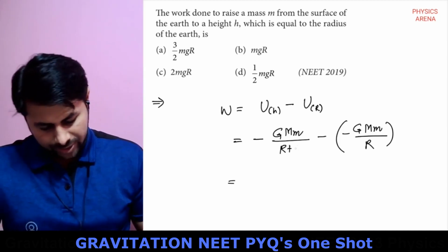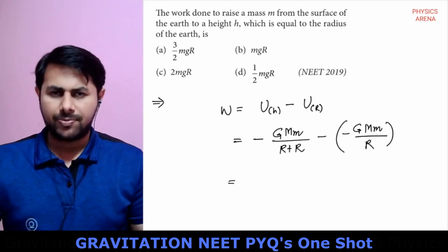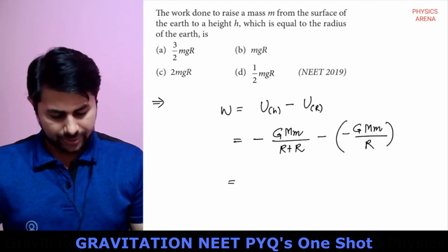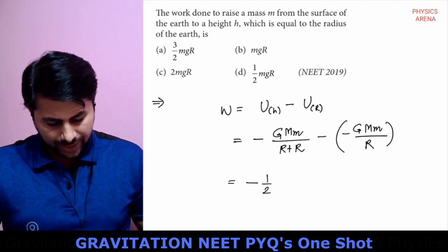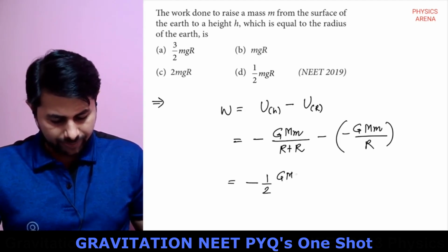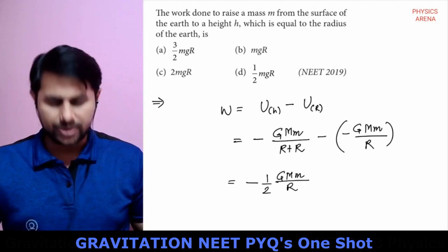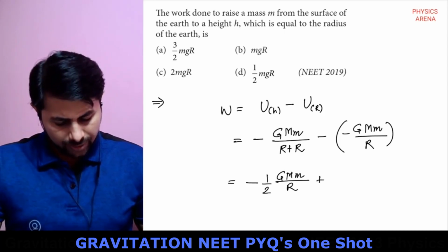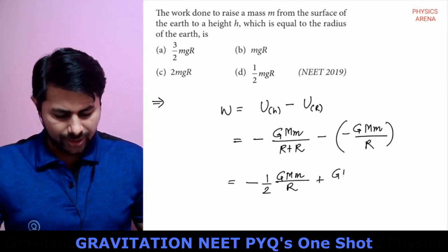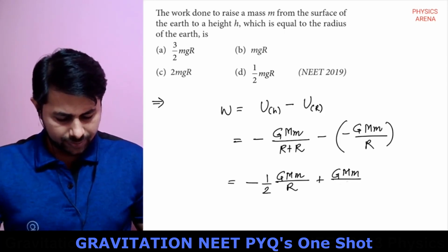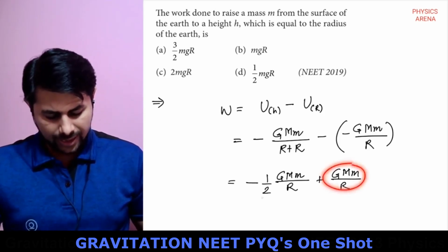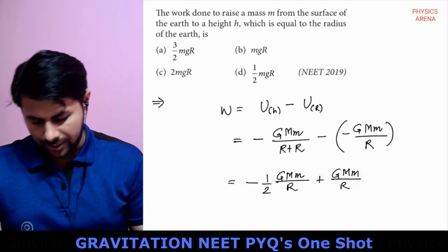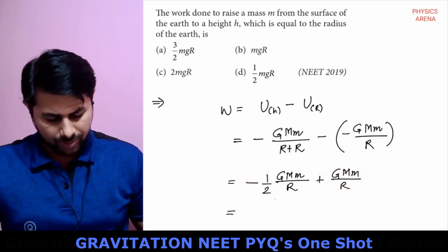So in place of h, I will put r. So this is minus half of GMm upon r, because in denominator we have 2r, plus 1 GMm upon r. Or you can say 1 minus half GMm upon r. So it is half GMm upon r.